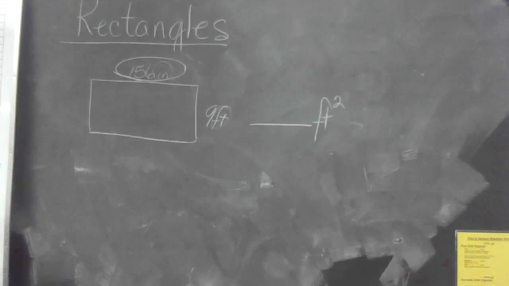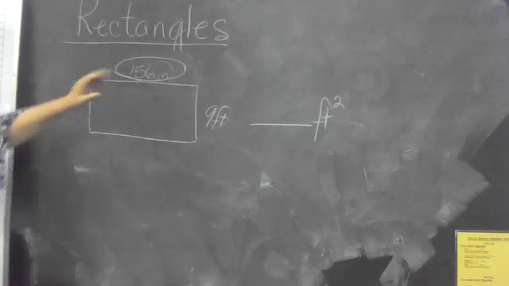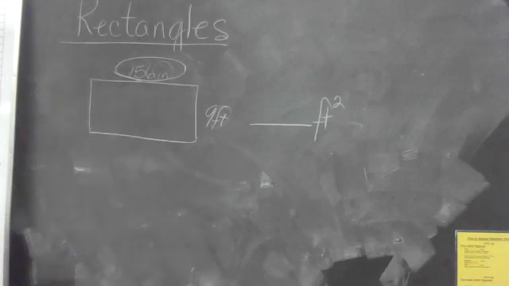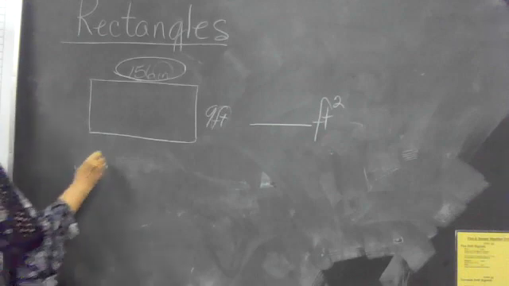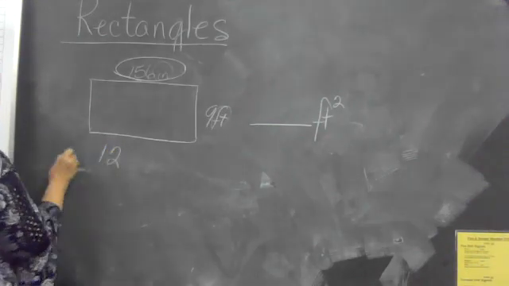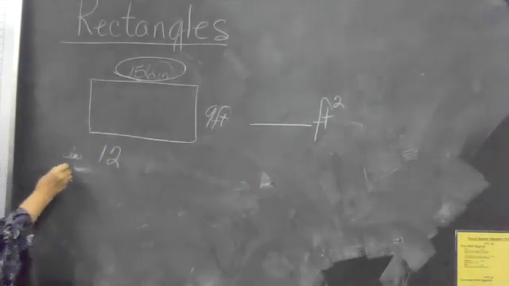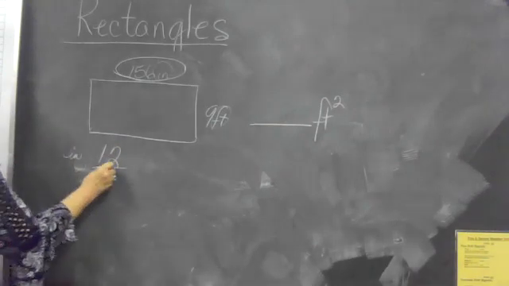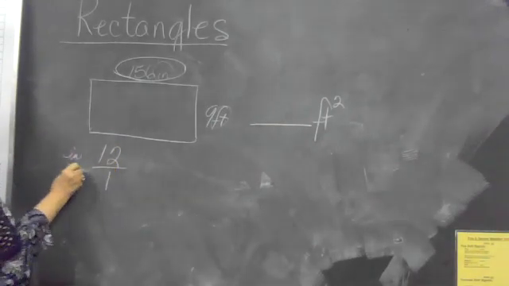The easiest way to convert these inches is to take that measurement and make it a fraction. So I'm going to say 12 inches, and I'm going to put inches over here as a reminder to myself, equals 1 foot.